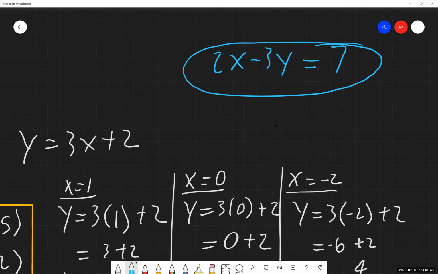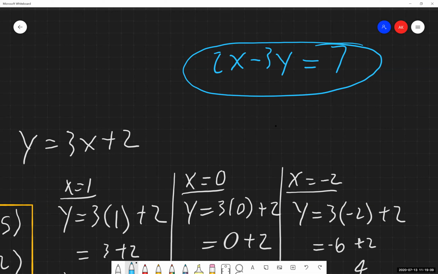So it looks fairly different from the one that we just worked with. However, nothing is changing in our process. You are still choosing either an x or a y value, and then finding its corresponding other value. So you choose x, find y. Or you choose y, find x. Either option.